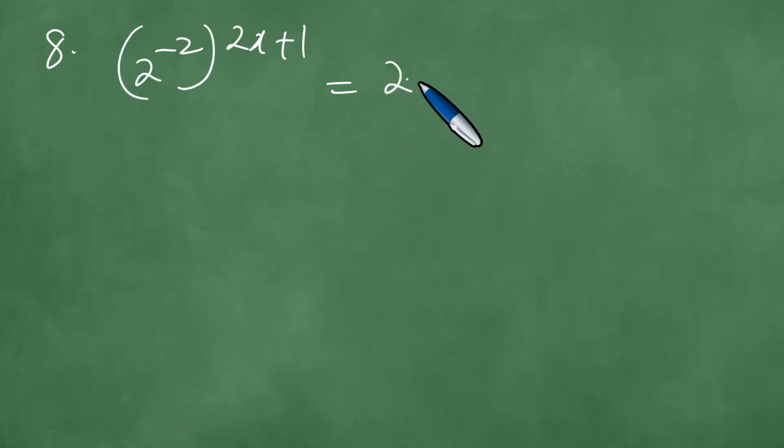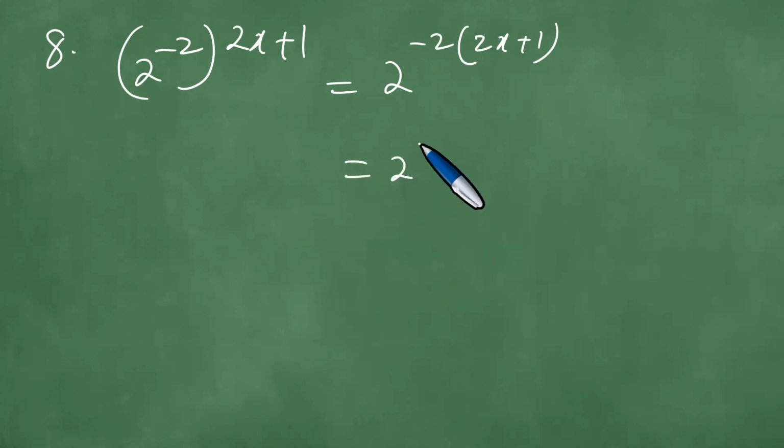So this is going to be 2 to the power minus 2 into 2x plus 1. So what is the answer to this one, Leander, quickly? 2 to the power of minus 4x minus 2. Well done.